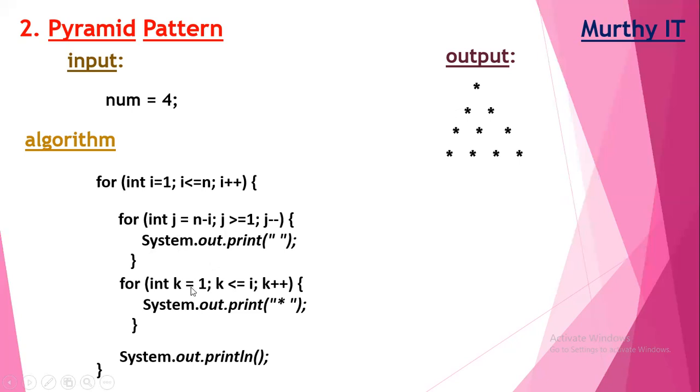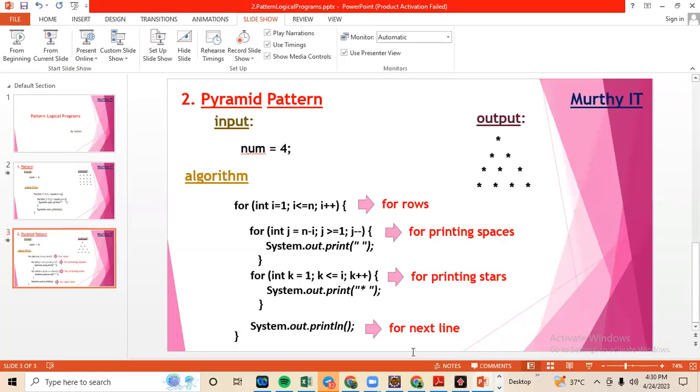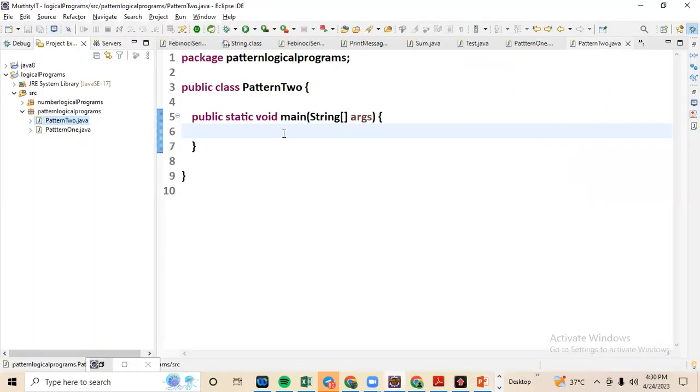After printing 2 spaces, i is 2, so this loop prints 2 stars. Like that, all the stars will be printed with spaces. Still, if you have any doubt, you can comment in the comment section. So let's write it programmatically.